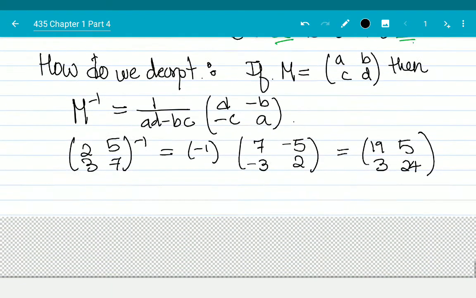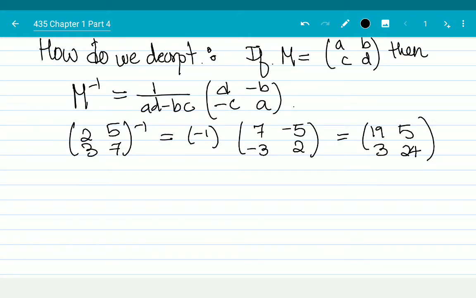Now if you observe what it does to the first block, I'm not going to do it to everything. It sends 19, 5, 3, 24.